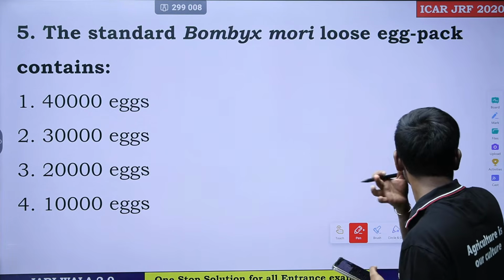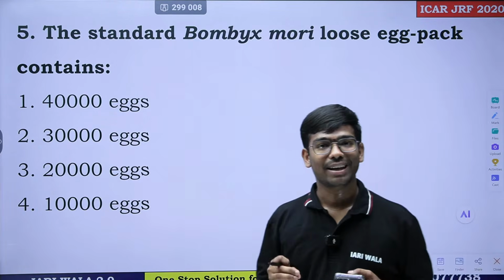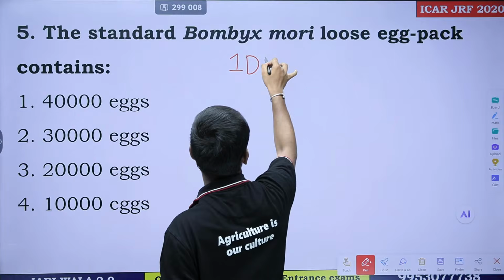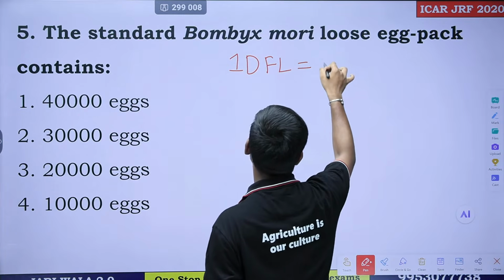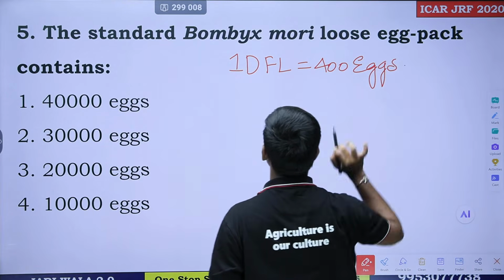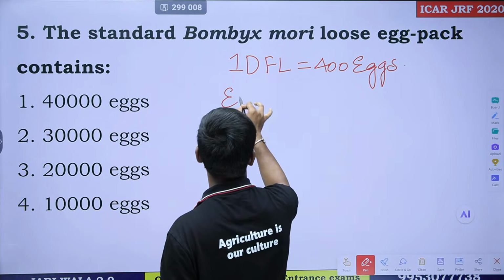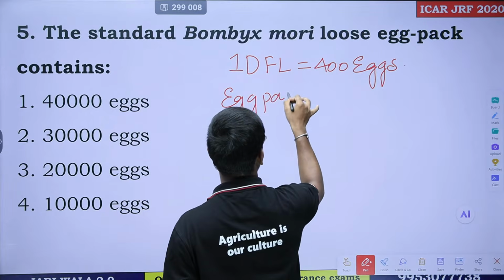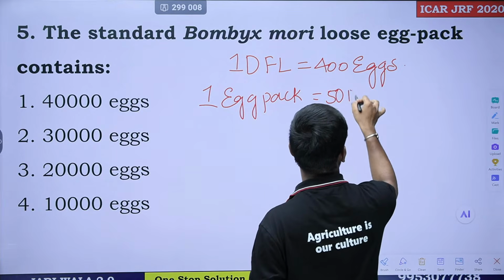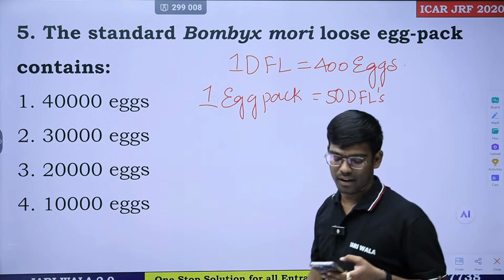Mainly you should know one thing: one disease free laying, that is 1 DFL, contains 400 eggs, and one egg pack contains 50 DFLs.